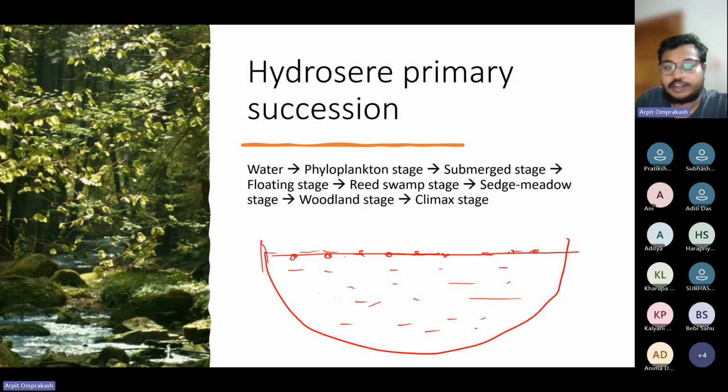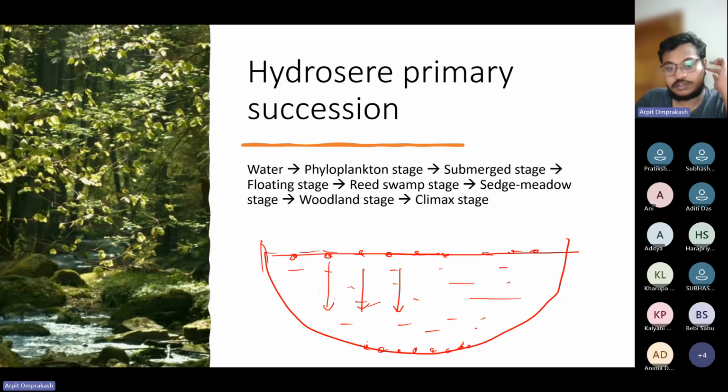Slowly these phytoplanktons will die and fall to the bottom. There are no nutrients at the bottom. These phytoplanktons are autotrophs, photoautotrophs, so they produce food by sunlight. When they fall down, they establish nutrients on the bottom of the pond or the water body.